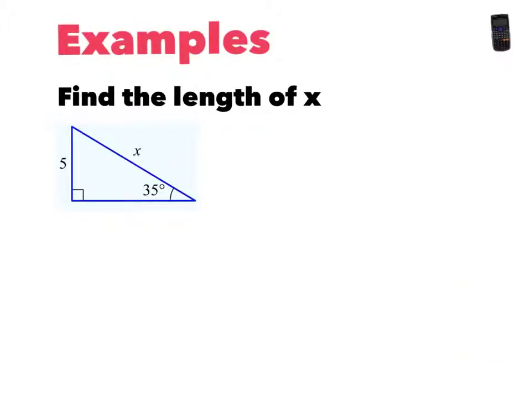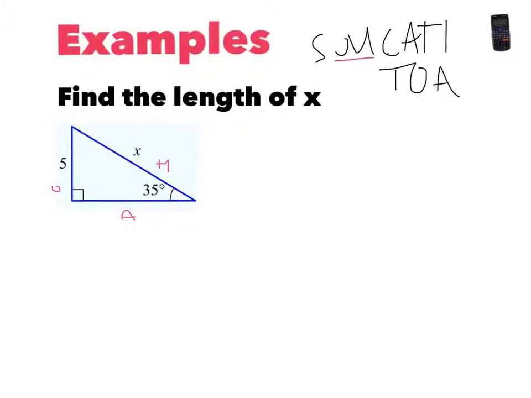This time I've been given different side lengths. Let's label my sides: adjacent, opposite, and hypotenuse. I've been given the opposite and the hypotenuse. So if I write down SOHCAHTOA, I know I have the opposite and the hypotenuse, so I need to use my sine rule.